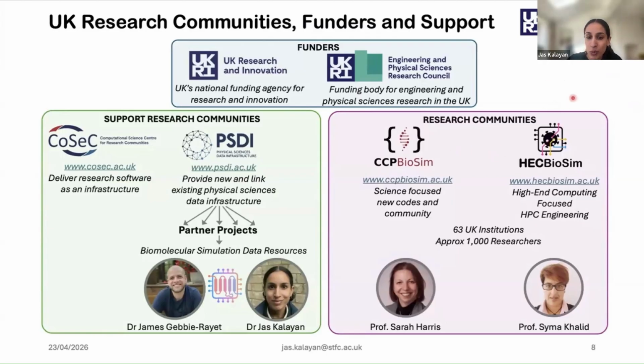So CCP BioSim, which focuses on new scientific codes and focuses on building the community. And then there's HEC BioSim, which focuses on high-end computing and HPC engineering. So both of these communities run biomolecular simulations. They're approximately representing 1,000 researchers in the UK across 63 institutions.